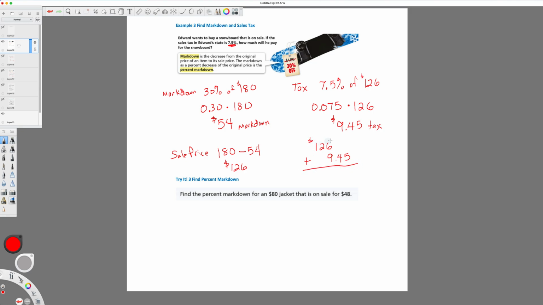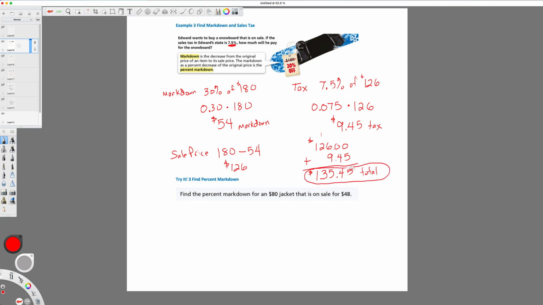So a $126 item plus $9.45 of tax, and I get 5, 4, 15, carry the 1, 3, and I'm going to put total.